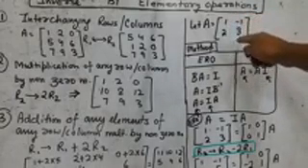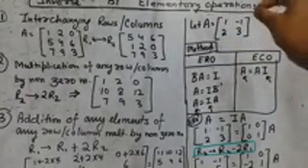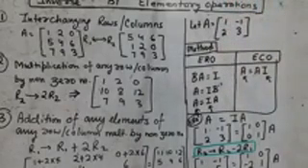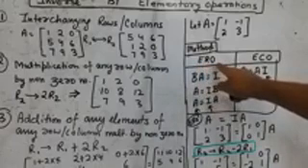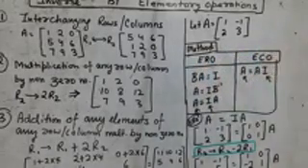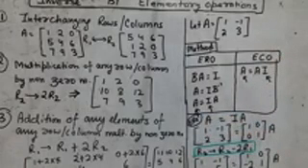So in this case, how to take out the inverse matrix? We are going to take out the inverse of this matrix A. What is the method? There are two methods: elementary row operation or elementary column operation.